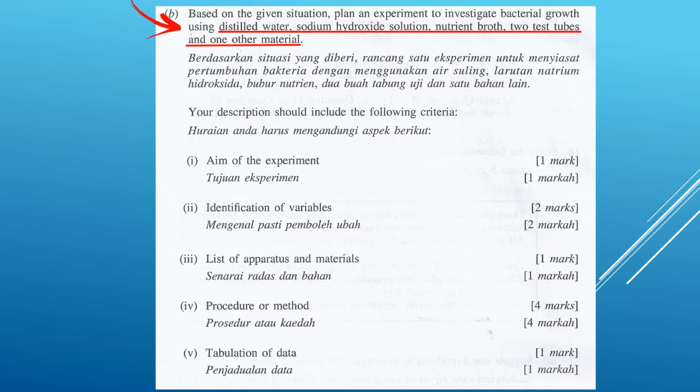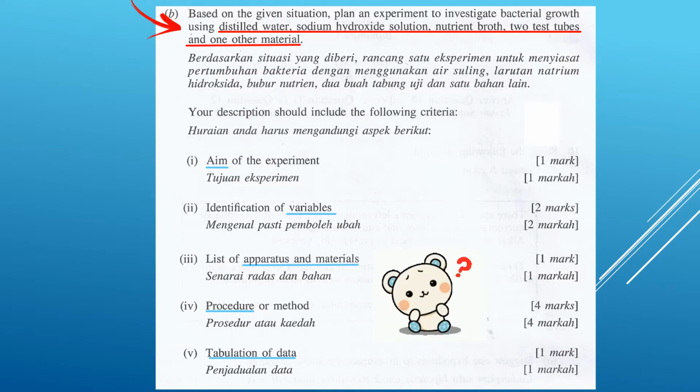Your description should include the following criteria: the aim of the experiment, identification of variables, the list of apparatus and materials, procedures or method, and tabulation of data. The marks for each part are shown by the side.